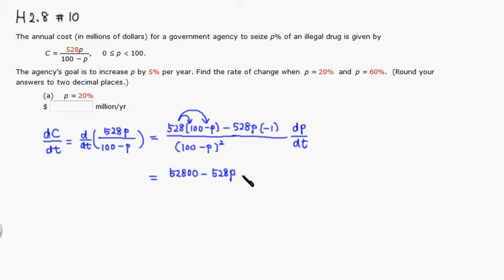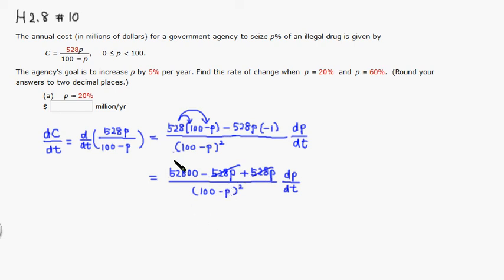And a negative negative is a positive 528p, all over 100 minus p to the second power, then times dp over dt. You can see that we can cancel 528p here and 528p there with different signs.